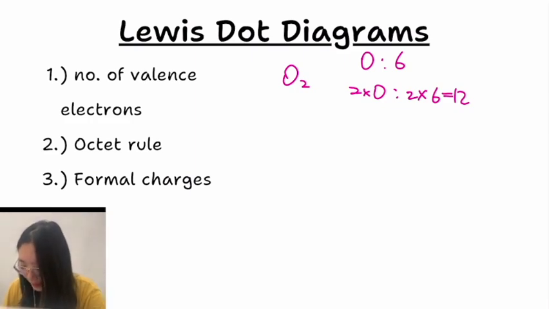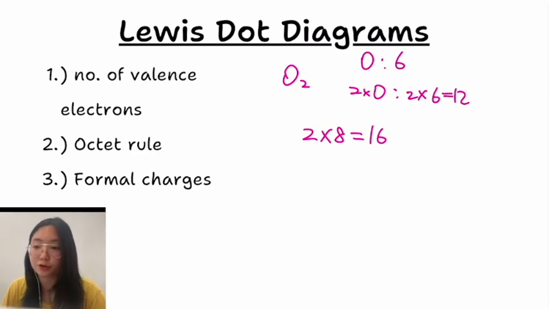How I do it is actually very simple. For oxygen, I know that its chemical formula is O2. To make sure that each oxygen achieves the full octet state, each oxygen should be able to have 8, so 2 times 8, 16 valence electrons in total.